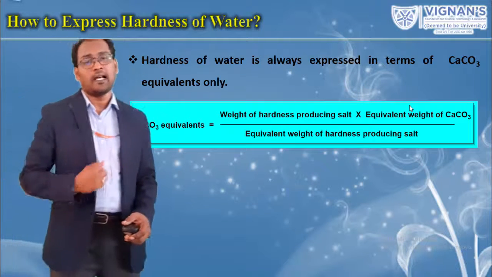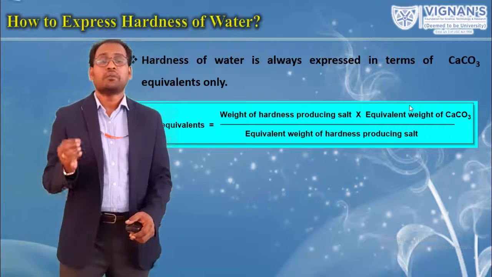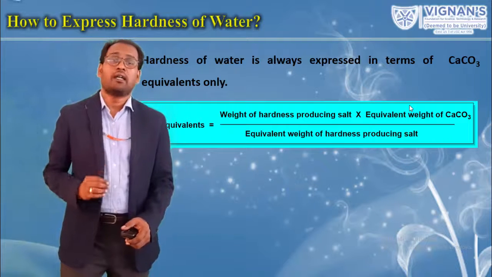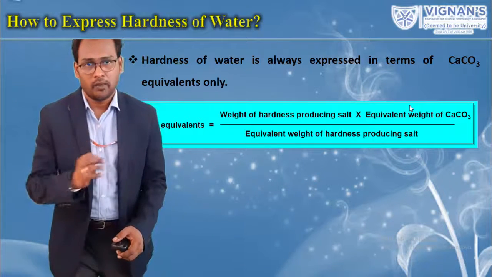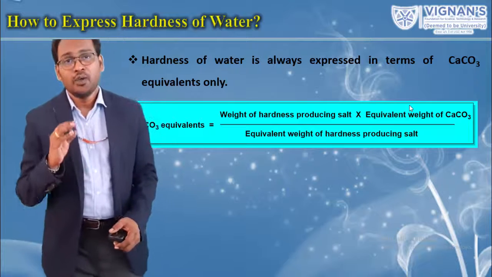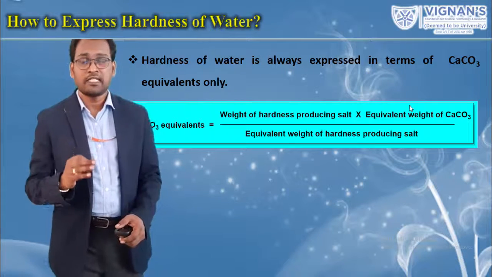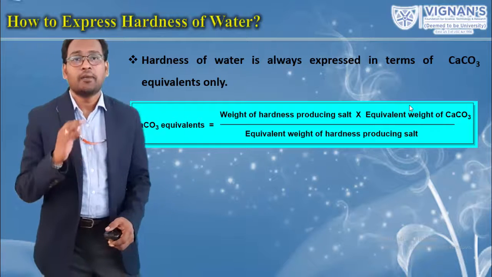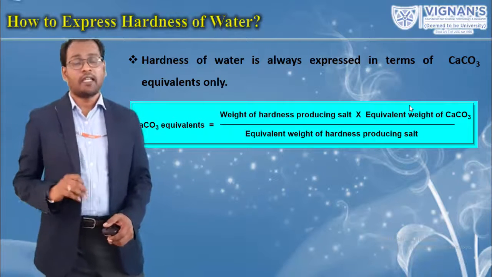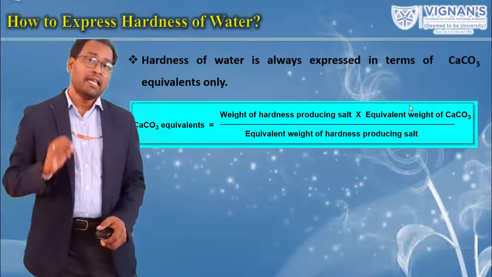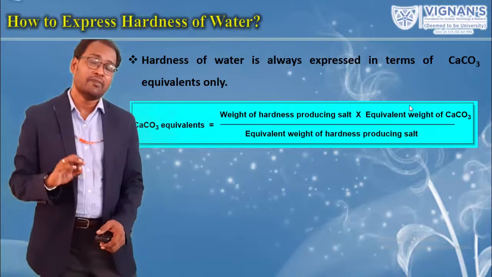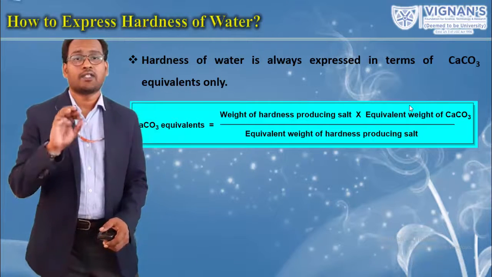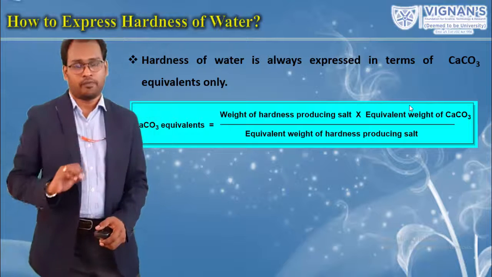To express the hardness of water, we specifically use a system called calcium carbonate equivalence. This can be calculated if the weight of the hardness-causing salt is known.